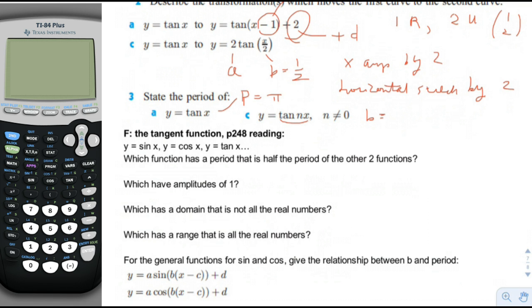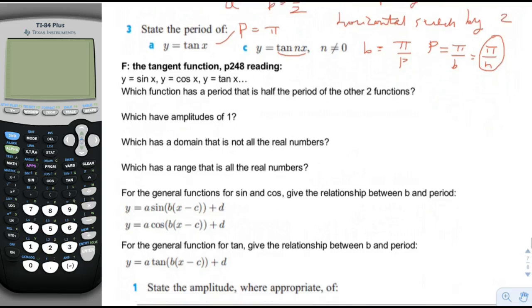We have b equals pi over period, okay? So let's see, the period, and instead of 2 pi, it's pi, because the period is only pi, right? We could also write it like that. So let's say that b is n, so basically the period is pi over n, okay?